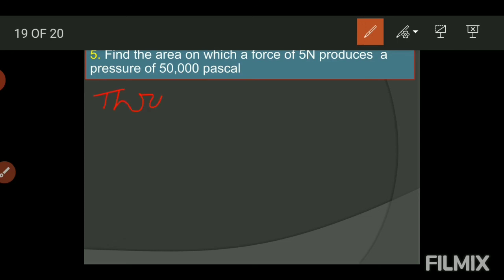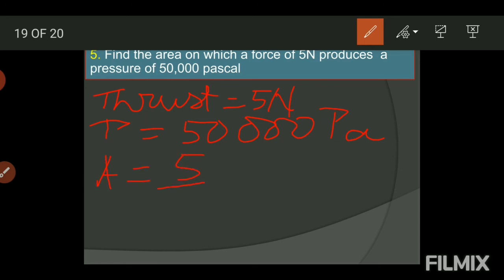So in this case, you are told that the thrust is 5 Newton and you are told the pressure is equal to 50,000 Pascal. So to find the area, the formula was thrust upon pressure.